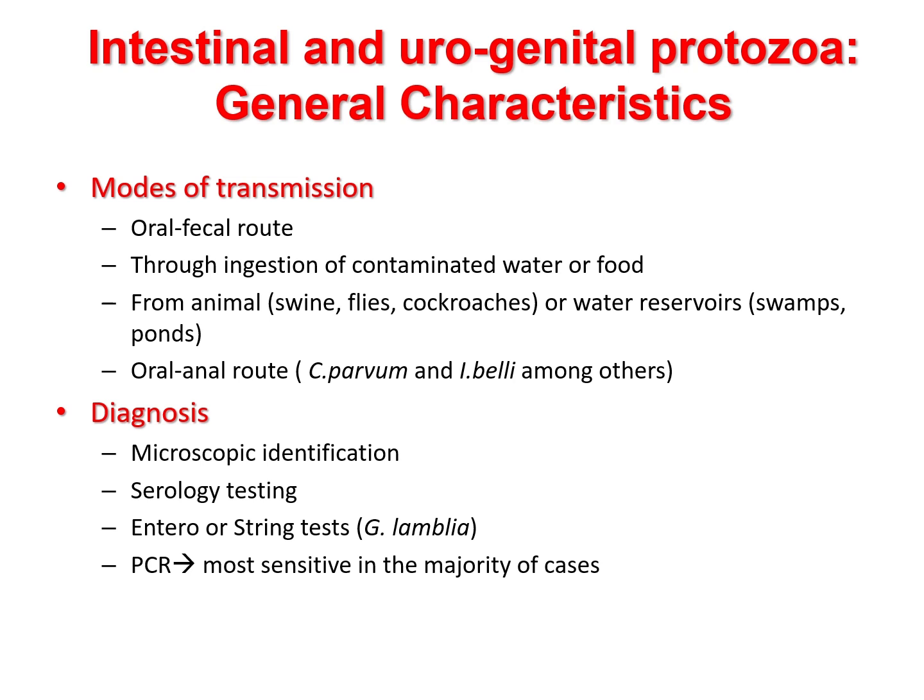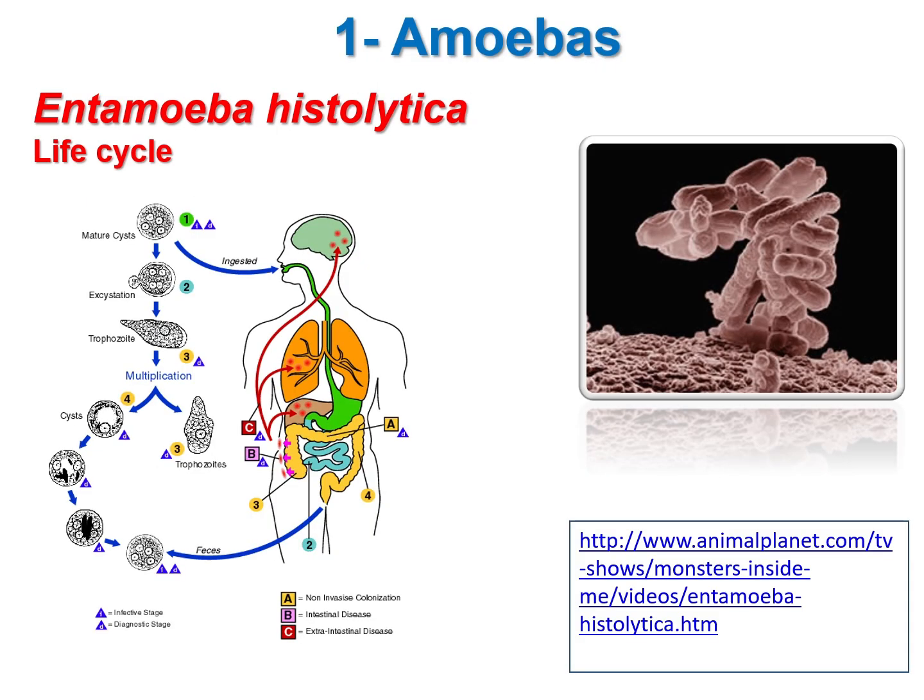Sometimes there are Entero-Test or string tests, and these are mostly for Giardia lamblia. And of course, the most sensitive diagnostic tool for all of them remains the molecular tool, which includes PCR among others.